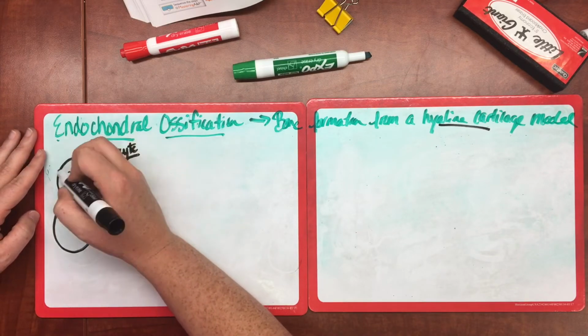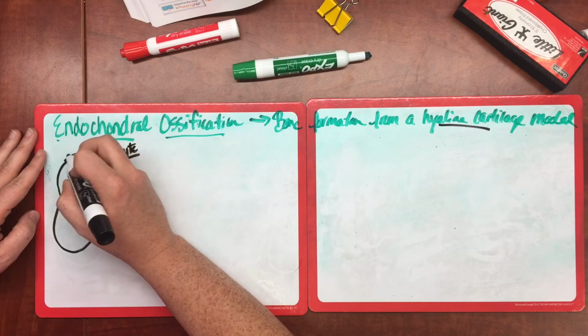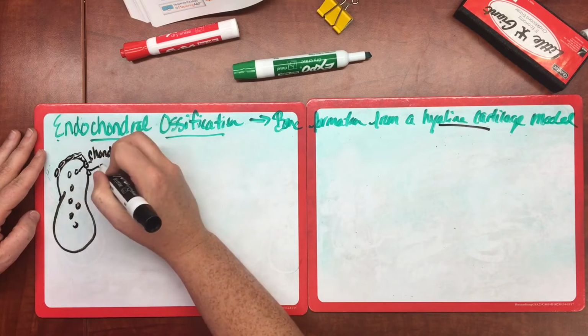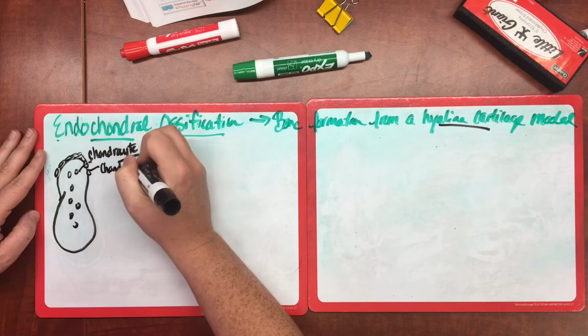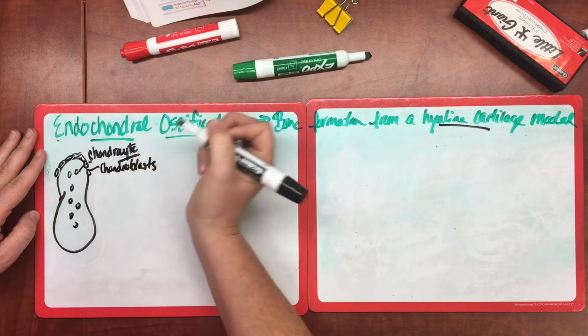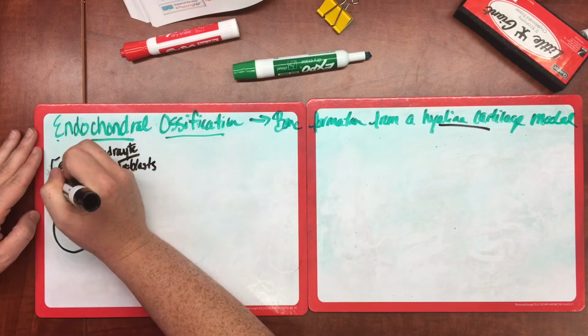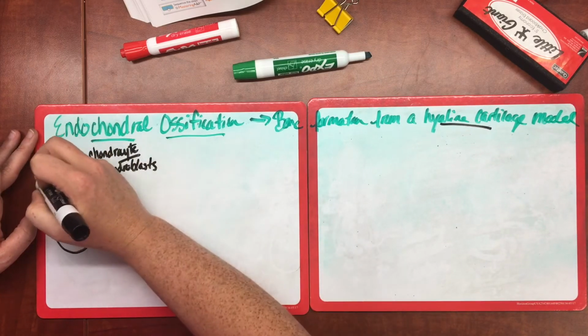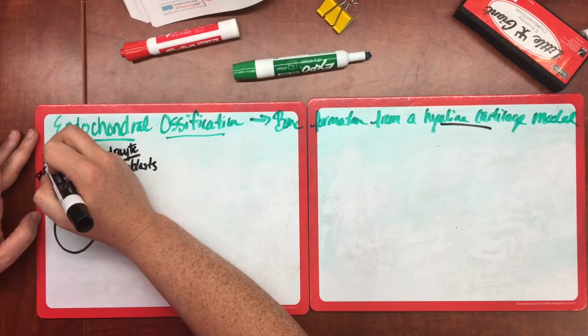And then on the outside we have immature cartilage cells, and these are chondroblasts. This outside layer of chondroblasts we are going to refer to as the perichondrium.